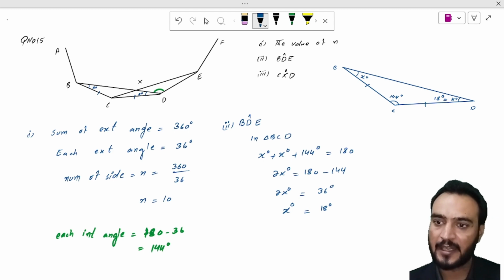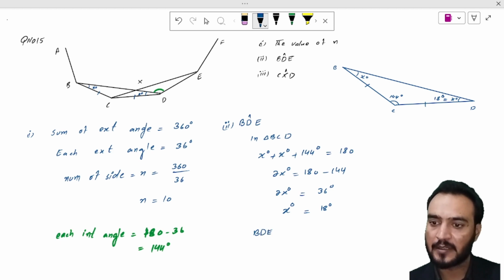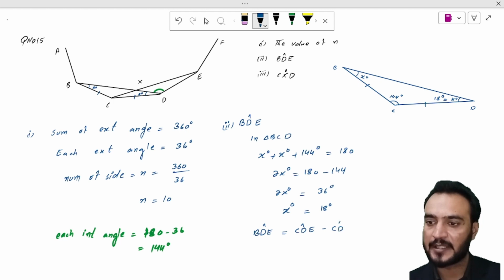To get the angle BDE, BDE will be equal to the angle CDE minus CDB. CDE is the interior angle which is equal to 144.